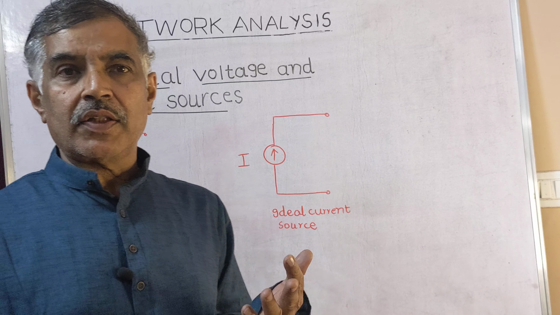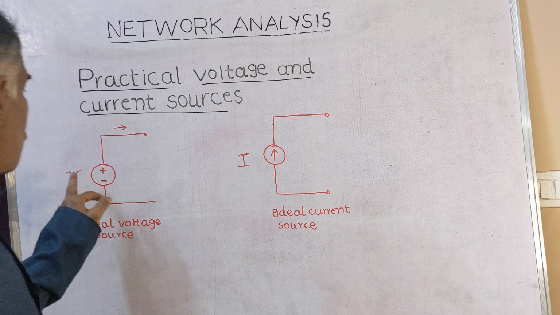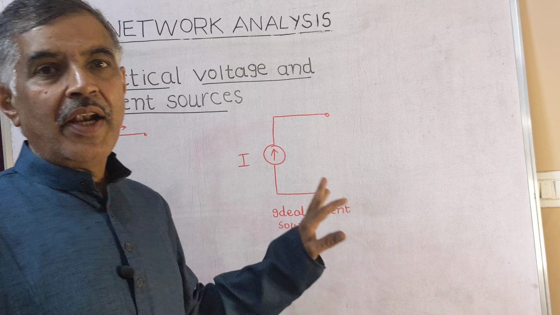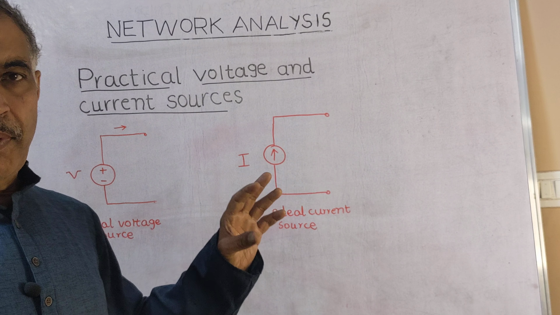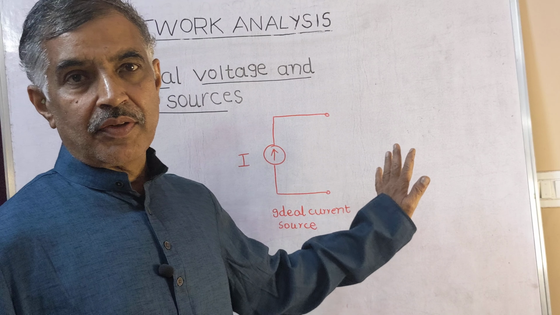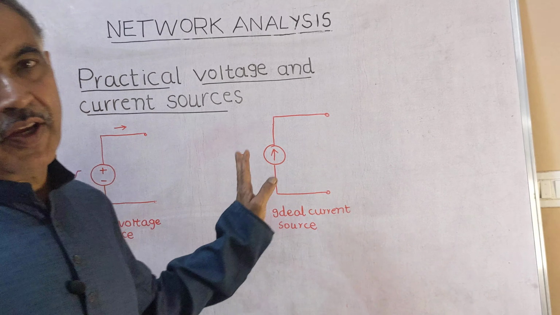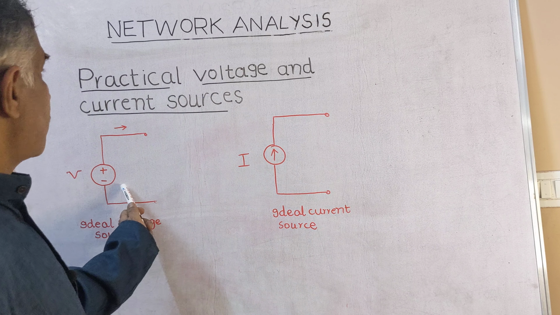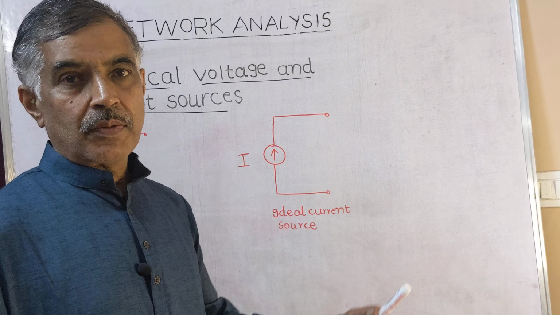So we have to account for the drop in the source quantity. V and I are called source quantities and they are going to drop. Therefore, we have to make modification into these diagrams. If you make modifications, then it is going to be called practical voltage source and practical current source.